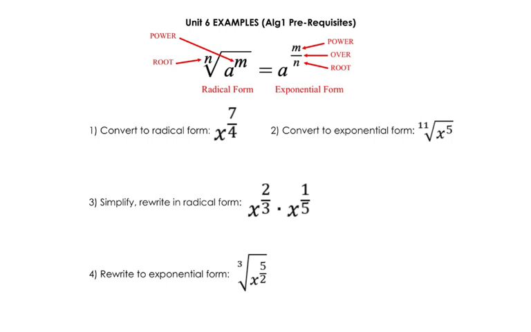Now, what you're going to notice is that when you rewrite from radical form into exponential form, the power, which was originally the exponent on the variable a in that case, is going to go in the numerator of the fraction exponent, and the root is going to go in the denominator. So basically, you're going to be making exponents that are fractions now.